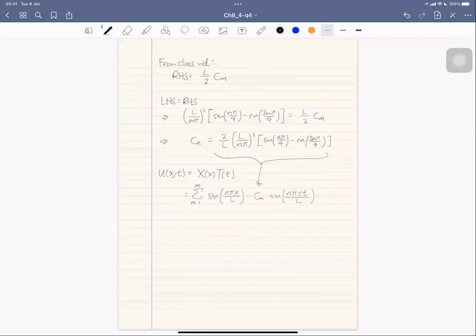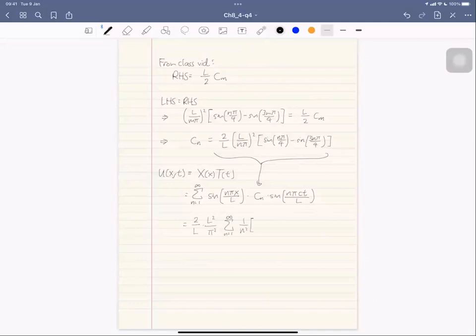We'll see what we can pull out. There are some things we can pull out. The 2 over L can be pulled out. That's nothing to do with n. This n has to stay inside, but everything else, so the L squared and the pi squared, can go outside. And there's some simplification you can do, but yeah, that's not much otherwise.